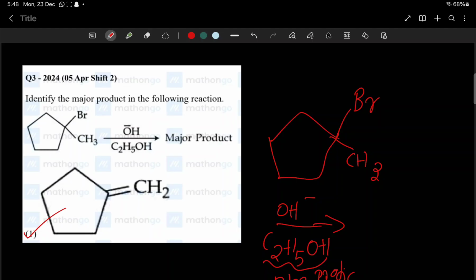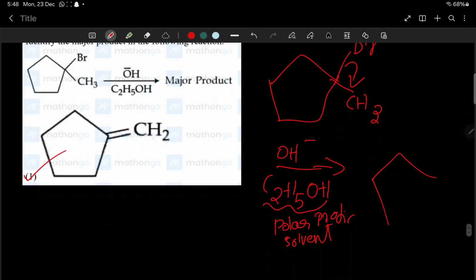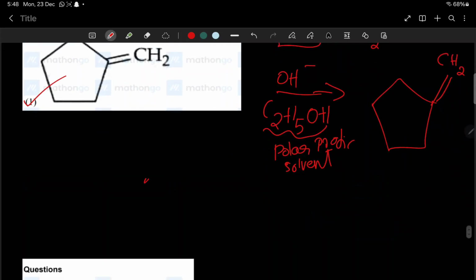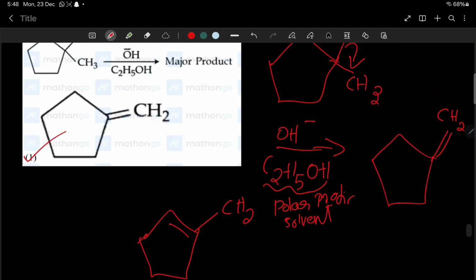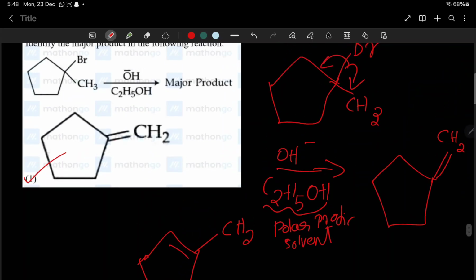So here, if Br is falling to here, we get something like this, CH2. Yes, this is one product. Another product formed will be this thing, where the bond is falling here. Which one is preferred, 1 or 2? It's very simple to answer.